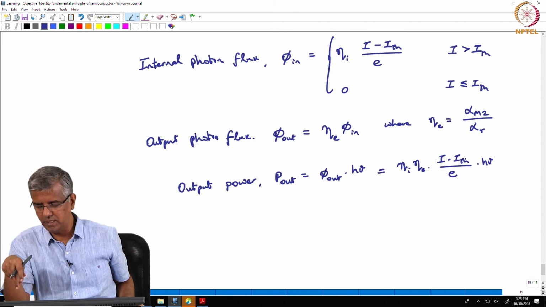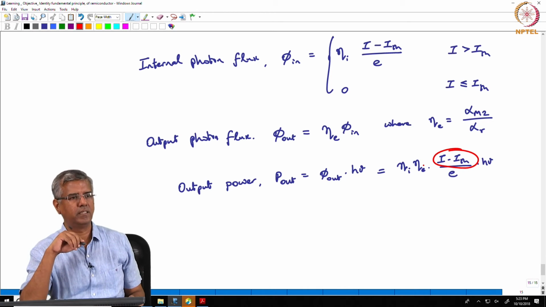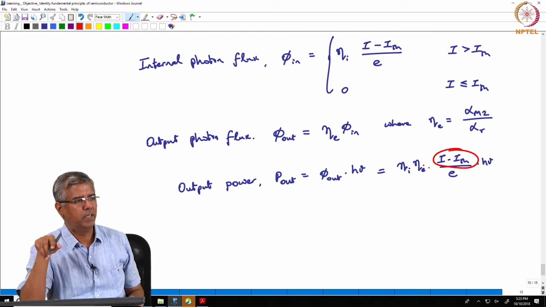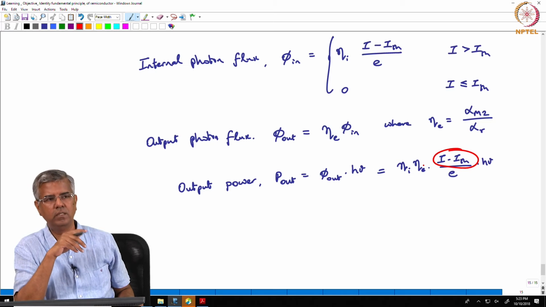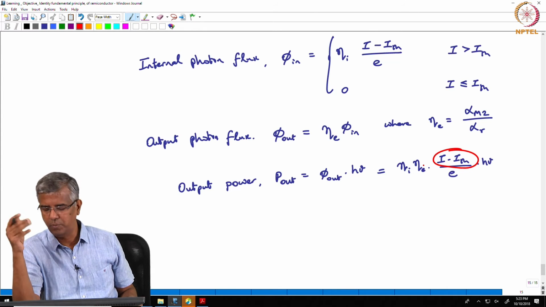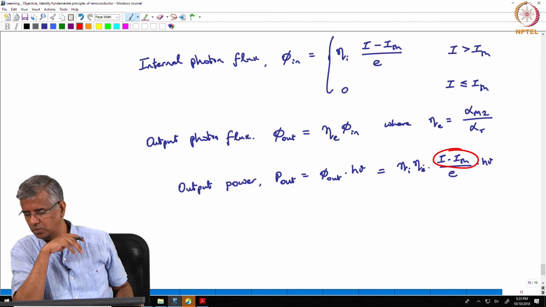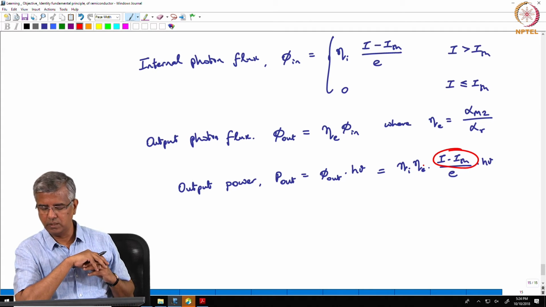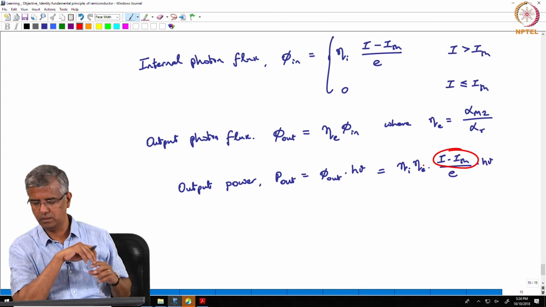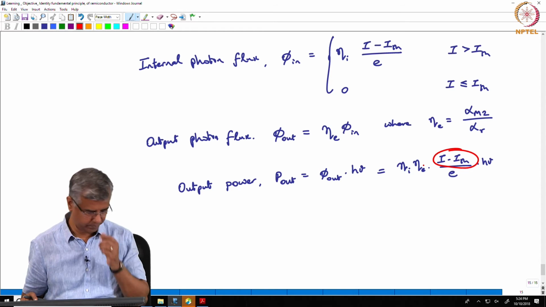The only thing that has changed with respect to the LED is this factor. Before we were just saying I over E, the rate at which we were injecting current. So, not all that injected current gives rise to laser emission. You have to overcome threshold, and beyond that whatever injected current you have gets converted into photons with energy h nu, and the internal conversion efficiency, and then the external photons that we get coming out of the cavity.